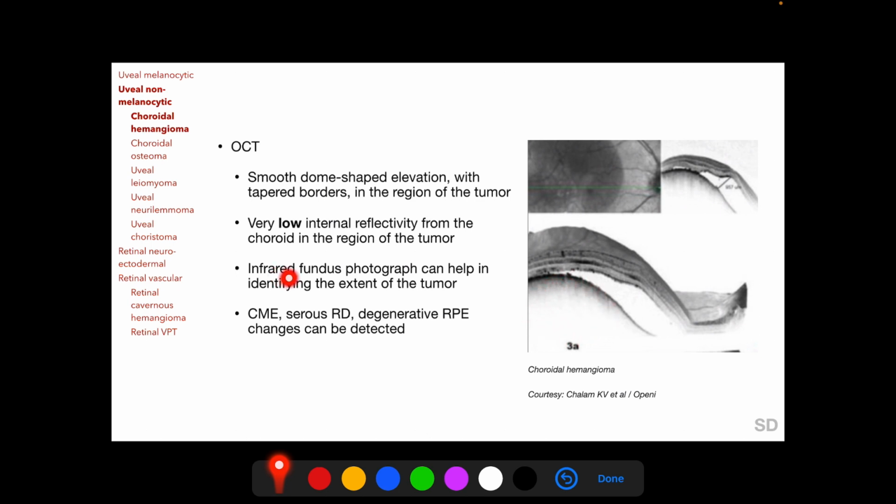The infrared fundus photograph provided with most OCT machines can also help in identifying the extent of the tumor, as we have discussed and as we see in this photograph, and cystoid macular edema, serous retinal detachment, and degenerative RPE changes can be detected in the OCT.